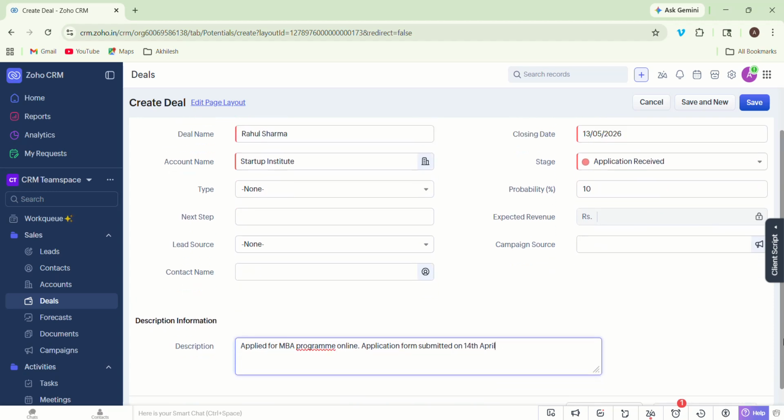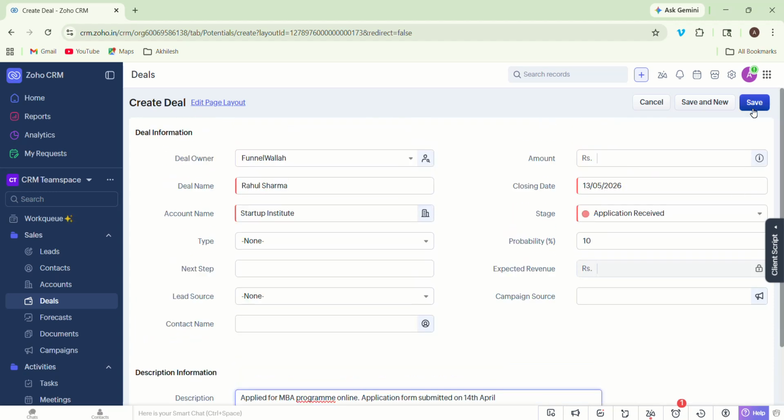This is a read only field, we'll have to make changes here, and we can just save it here.